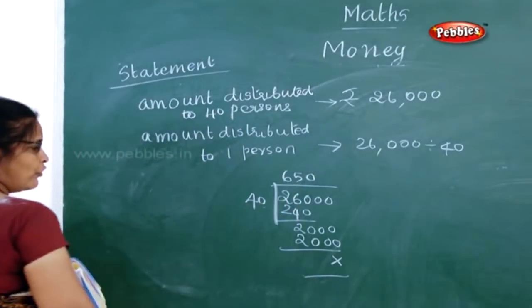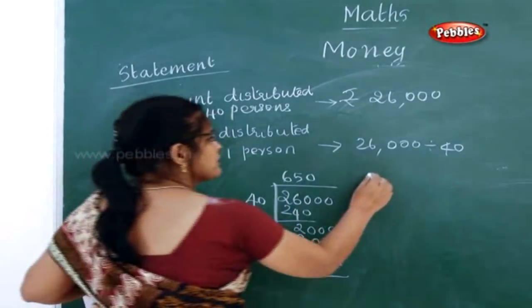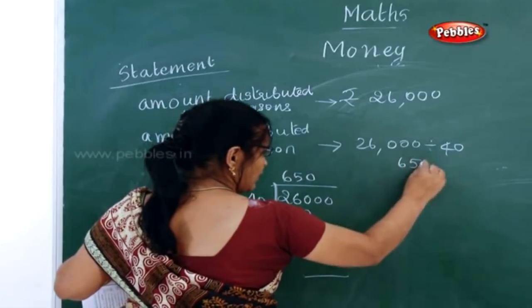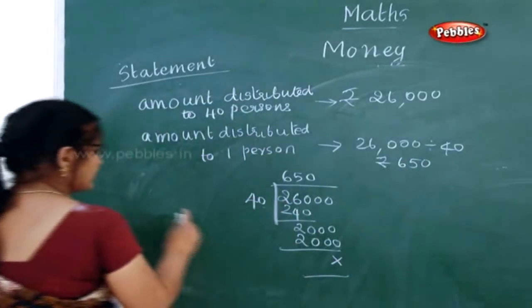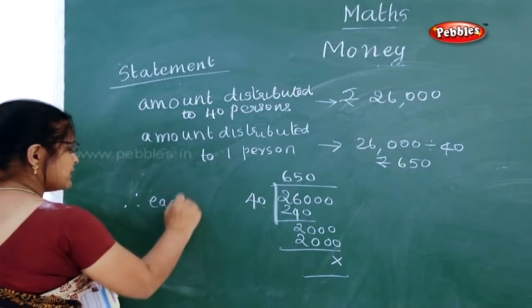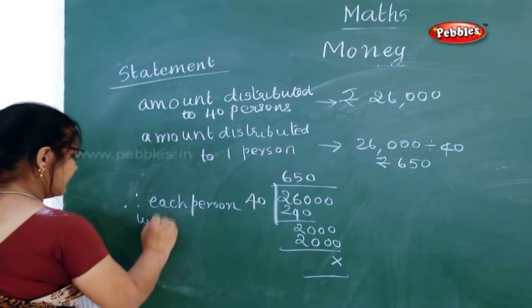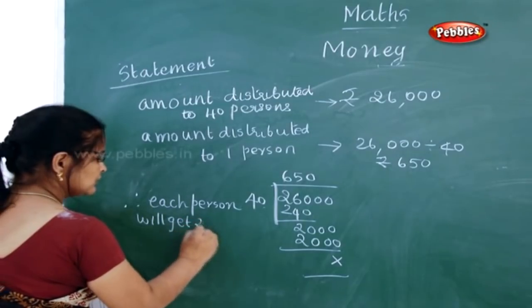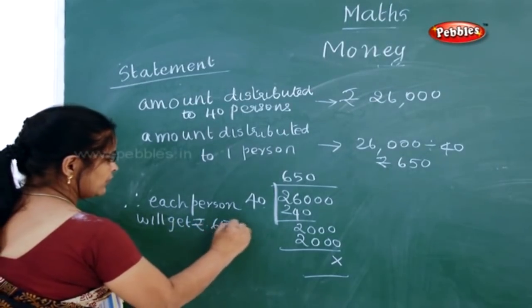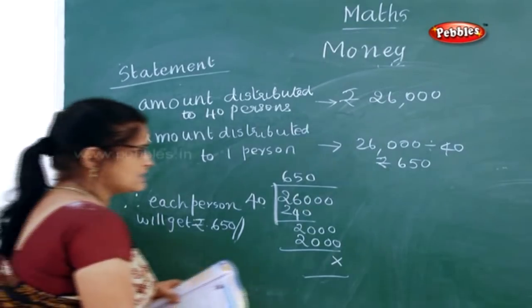So 650 into 40. That means each person you are getting 650. So now what is the answer there? Therefore, each person or one person will get rupees 650. So this is the answer, you have to do it.